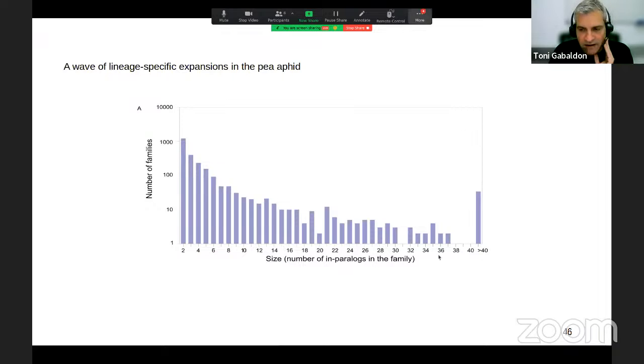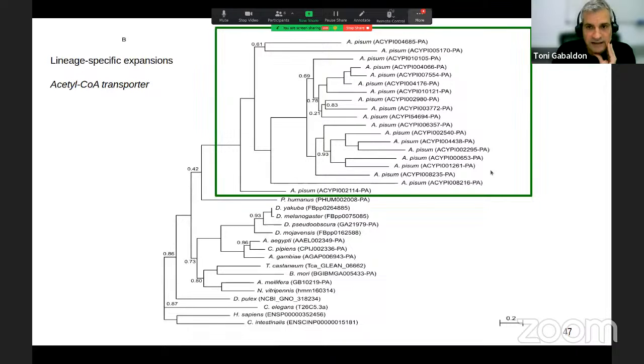But we also had several families that expanded like crazy, with more than 40 gene copies that duplicated specifically in the aphid lineage. So this is one example. You have a gene which is single copy in all the other species, and then it goes crazy, bump, in the aphid lineage it starts duplicating, probably at very different times, because you have quite long branch lengths here, but this family duplicated.